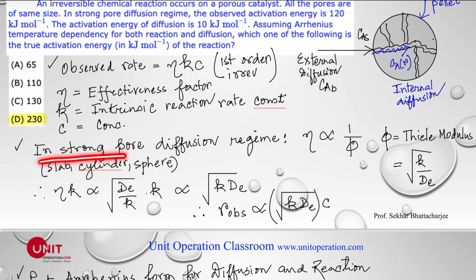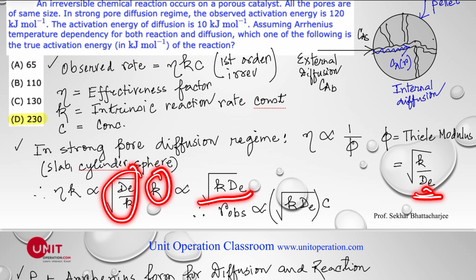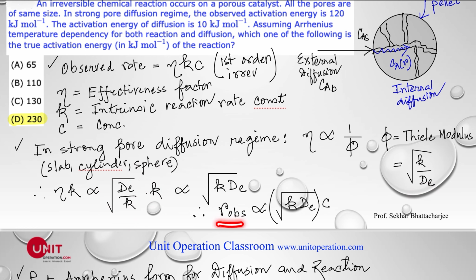We know in strong pore diffusion regime, eta is proportional to 1 over phi, where phi is the Thiele modulus, which is defined by this one. So eta k, we can say is proportional to, just take the inverse of that, so this one times this one, so it is square root of kD. So the observed rate is proportional to square root of kD multiplied by C, which is the concentration inside the pore.